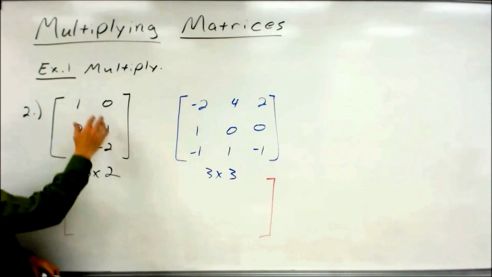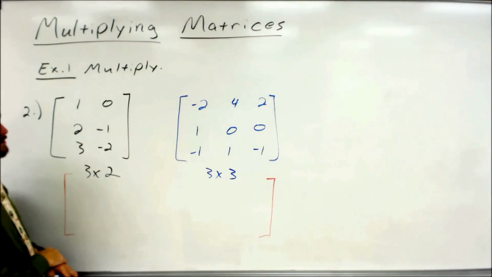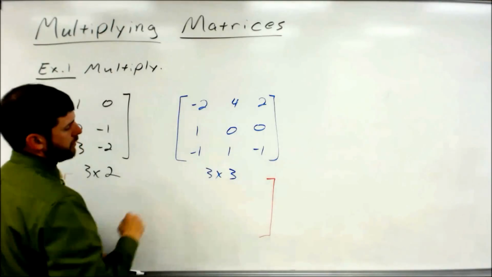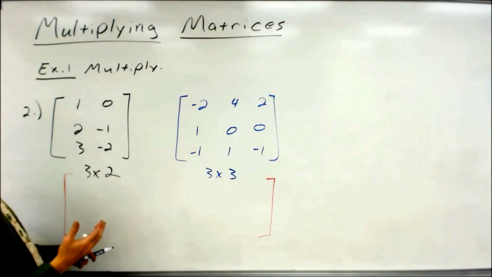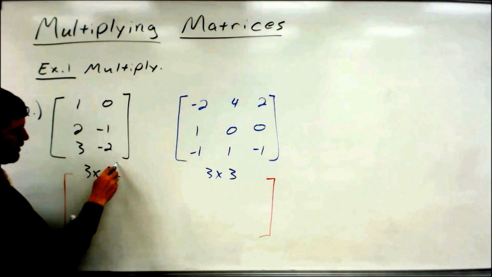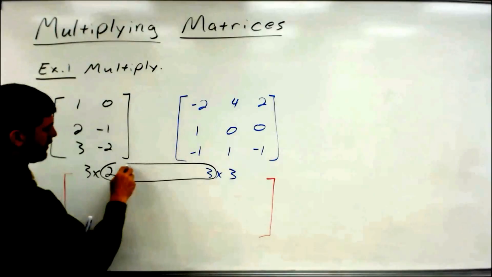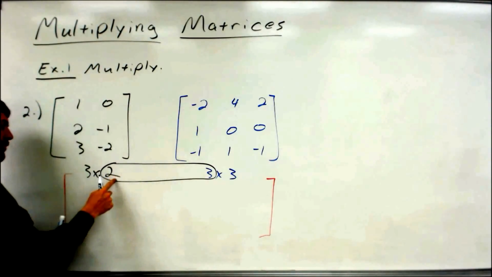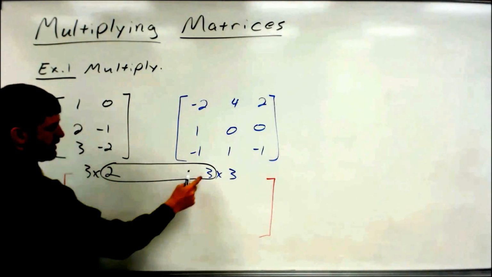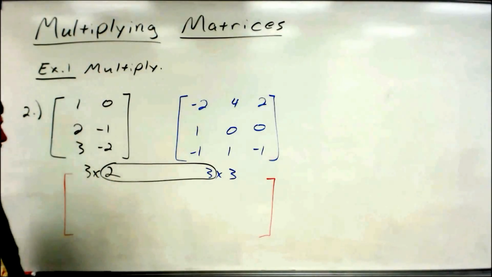So if we look, do the number of columns from the first matrix correspond to the number of rows from the second matrix? The answer is no. It should be obvious right here, because these 2 numbers, the columns from the first and the rows from the second, are not the same.